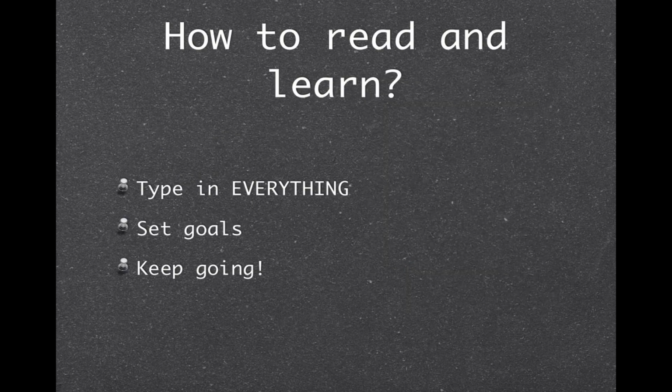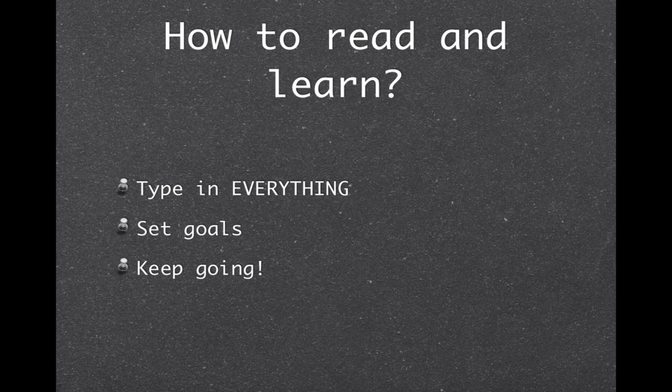And well, that's actually how to read and learn. I talked a little bit about it before, but basically type in everything. When the book has a lot of code examples, you type in every single line of code. You set yourself goals, like maybe I'll read 10 pages a day or 5 pages a day.